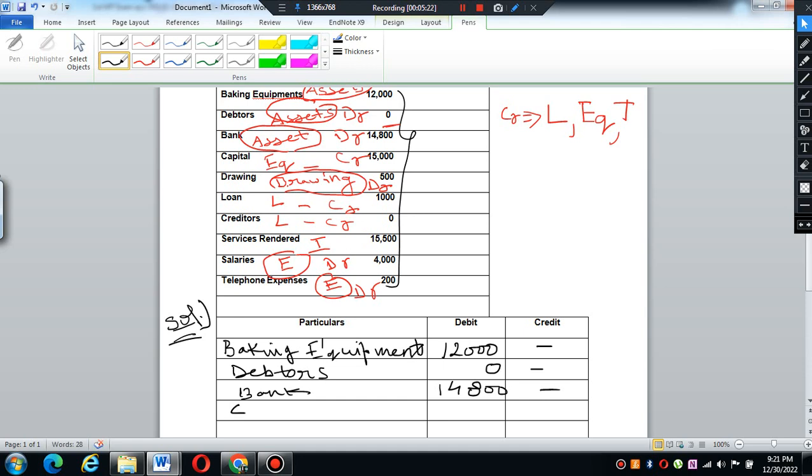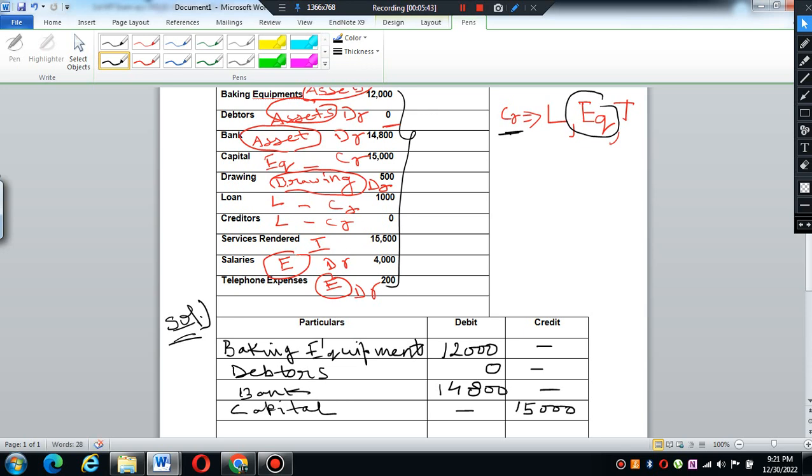Then write capital, which is 50,000. Capital is equity, and it is on the credit side, so the amount is written on the credit side.